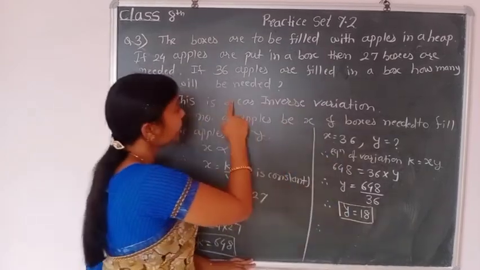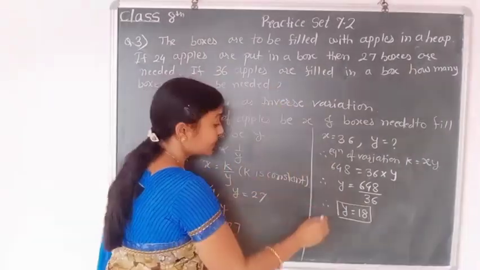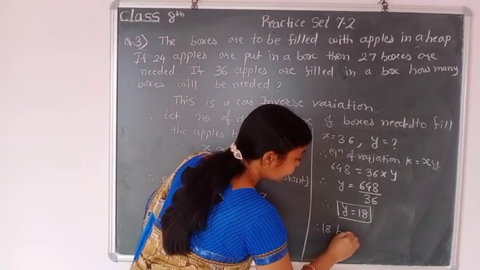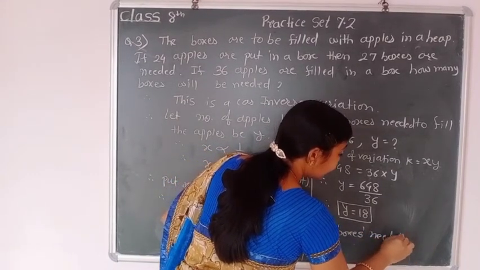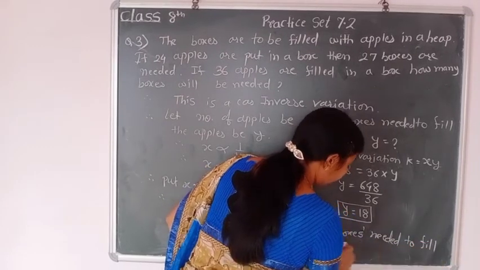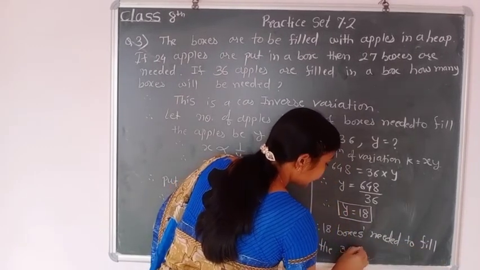Therefore what is the y? Therefore 18 boxes are needed to fill the 36 apples.